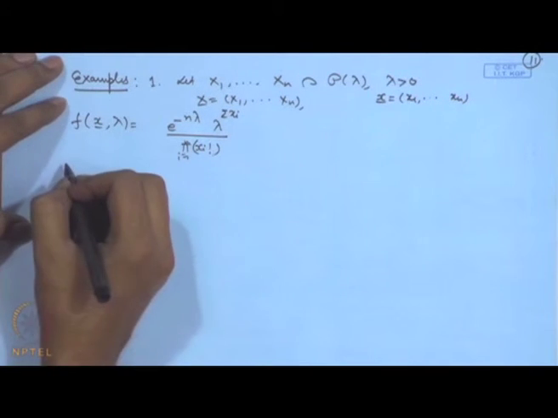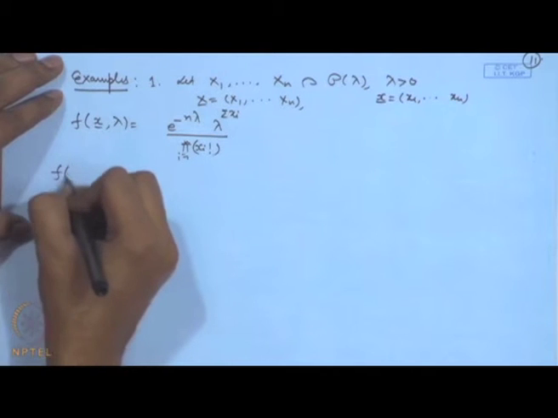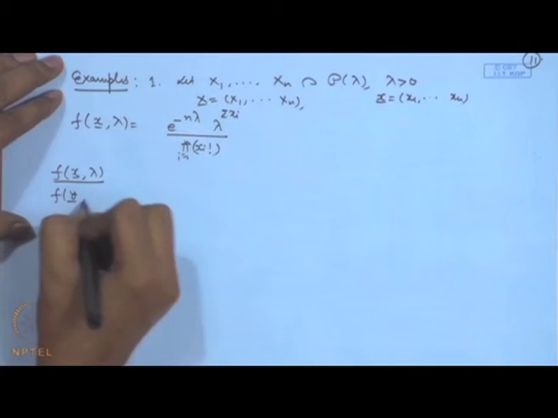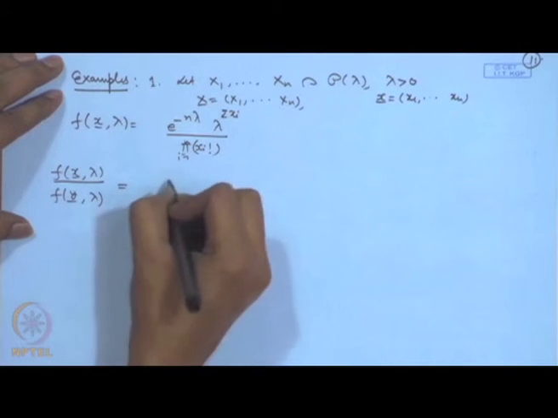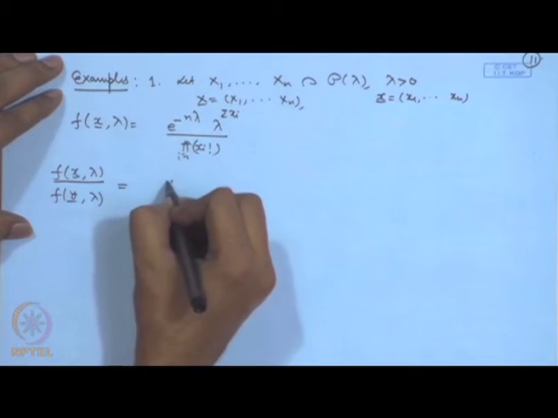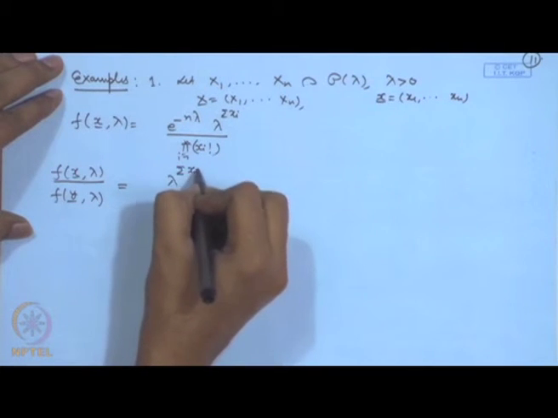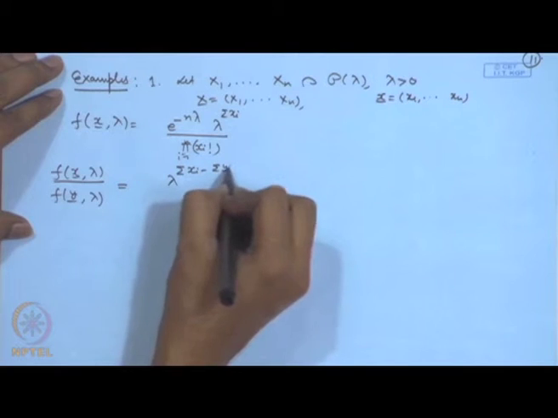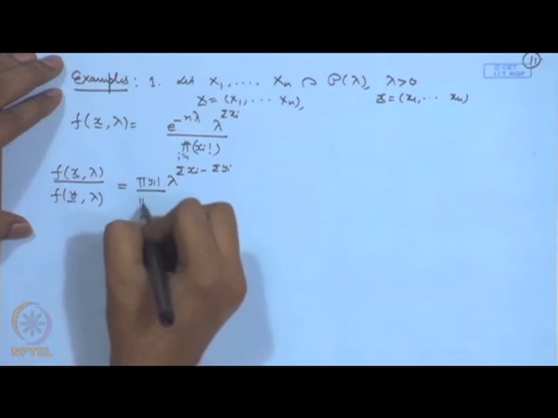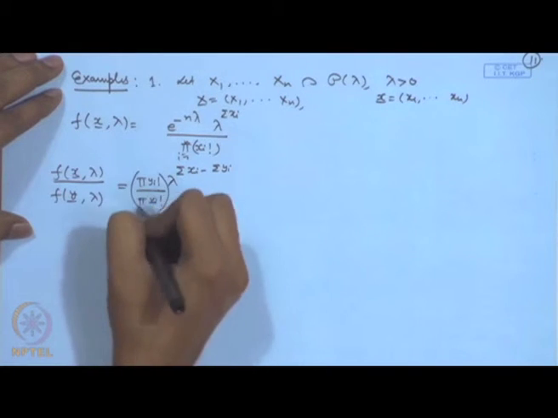So, let me consider the ratio f(x, lambda) divided by f(y, lambda), then that is equal to e to the power minus n lambda will cancel out, we will get lambda to the power sigma x_i minus sigma y_i, and product of y_i factorial divided by product of x_i factorial.